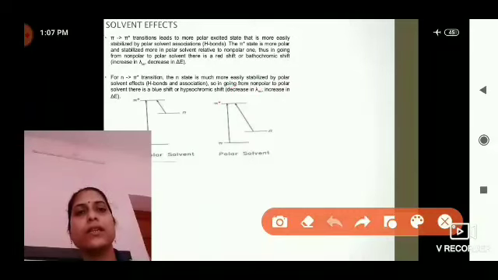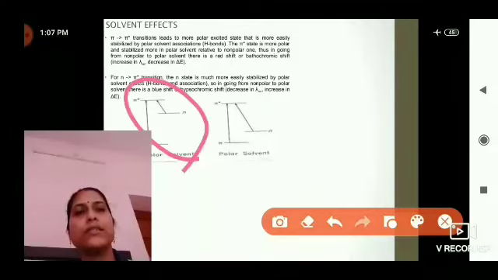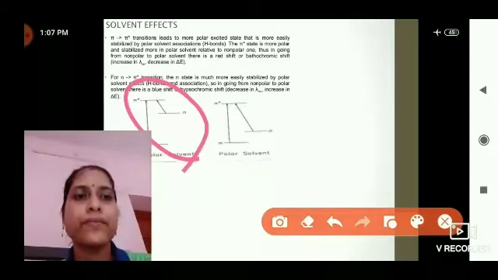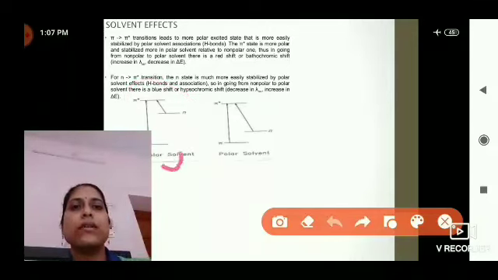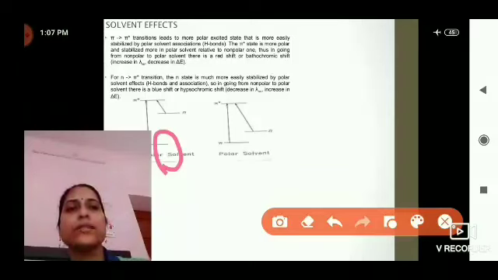And the next one, in case of n to pi star transition, what happens? The protic solvent stabilizes the ground level, means the non-bonding energy level. So the non-bonding energy level will get decreased.